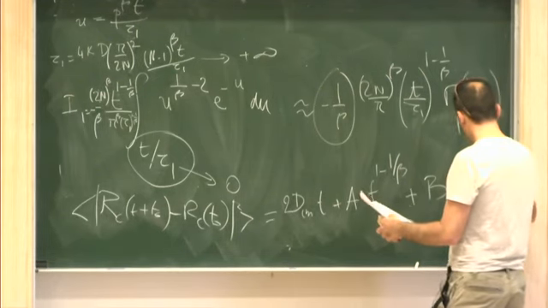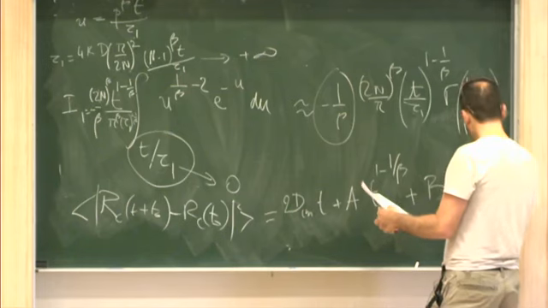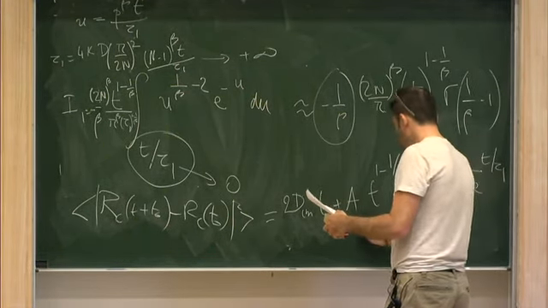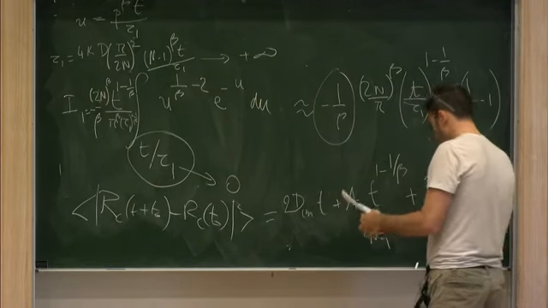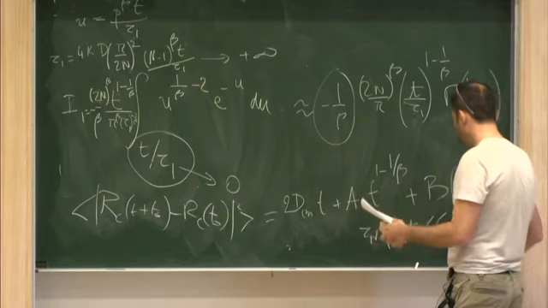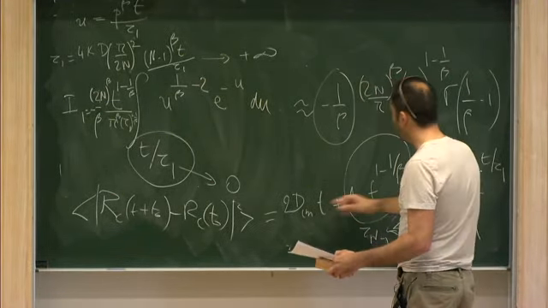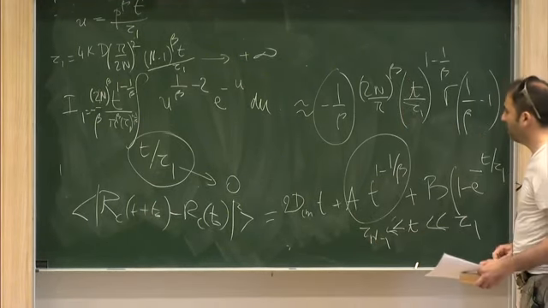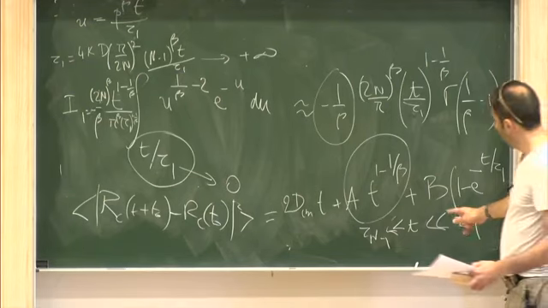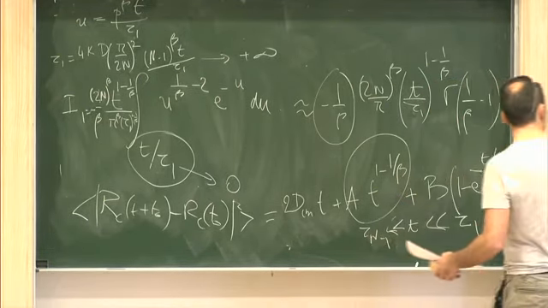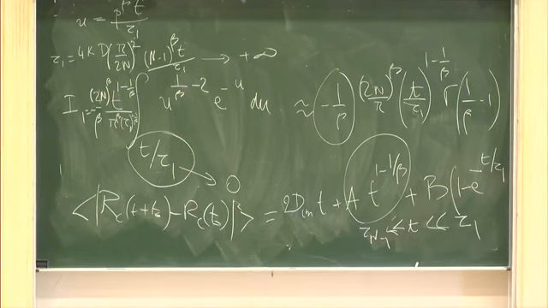It's 1 divided by minus t divided by tau 1 for t bigger than tau n minus 1 and less than tau 1. So basically the most important term is this one. The rest you can neglect.